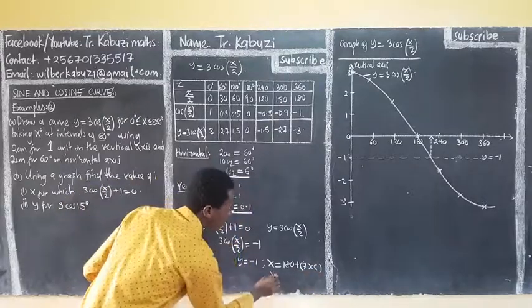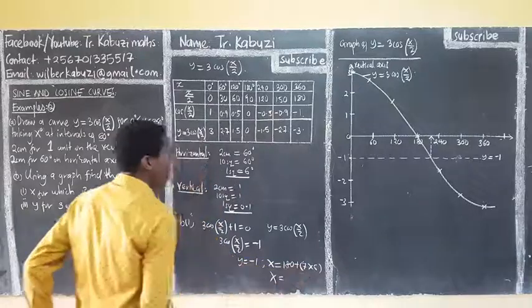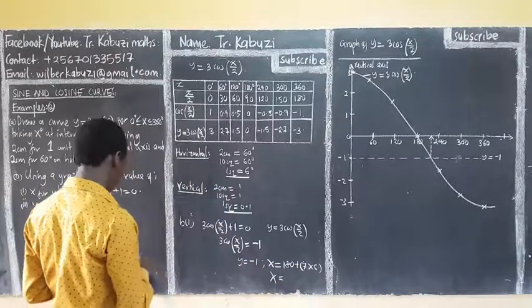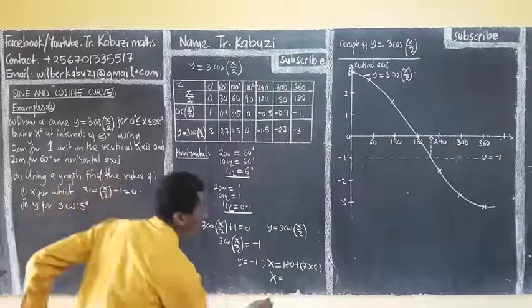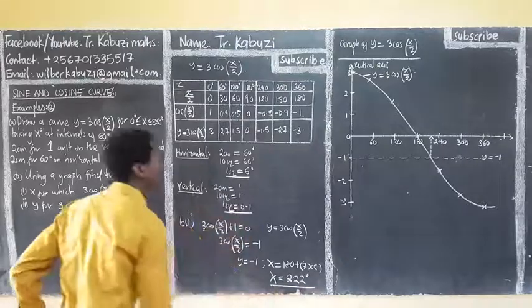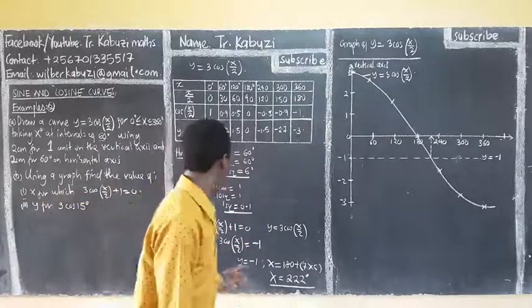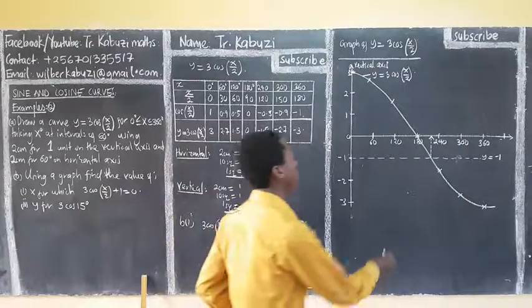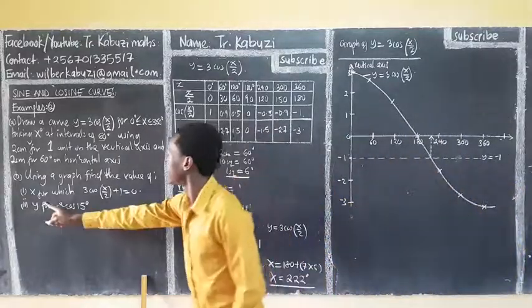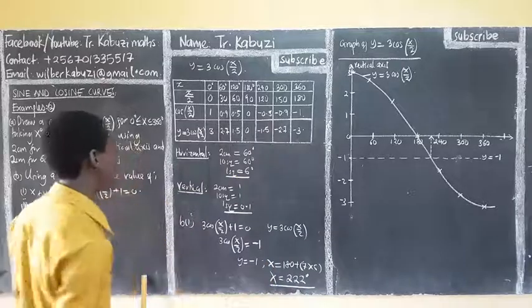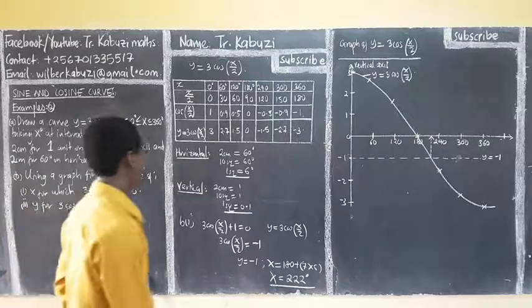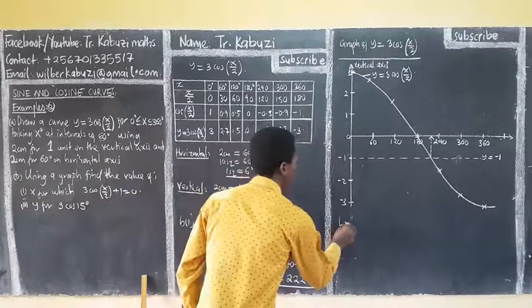And my x here, when you add, I'm getting 222 degrees. So it means that when our y is negative 1, this value of x1 will be 222 degrees.